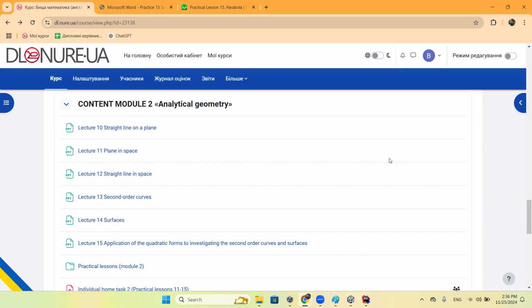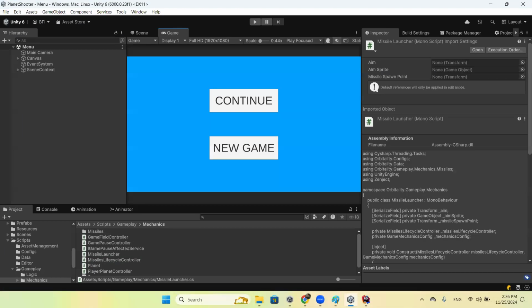Okay, no questions. And now we have some time, and I want to show you some usage of second order curves. So in the current case, ellipse in computer games. I guess you know something about Unity engine, and here is the usage of ellipse.